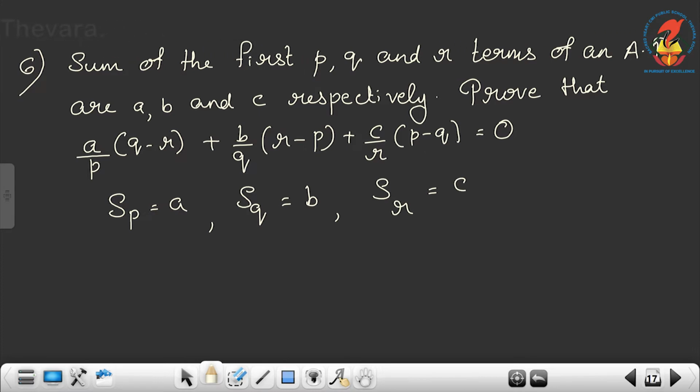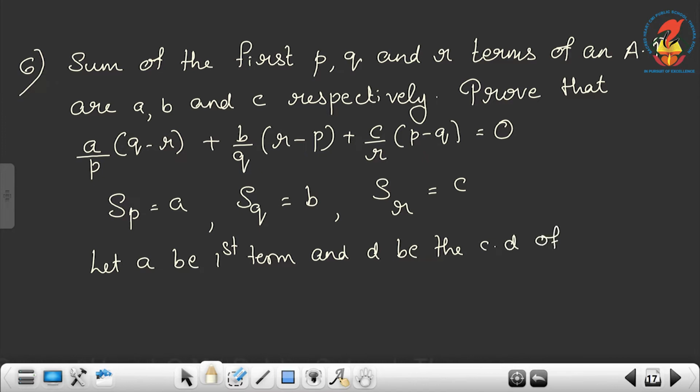Now what is the expression for SP? SP is P by 2 into, so we need the first term and common difference. It's the same AP, so let A be the first term and D be the common difference of the given AP.